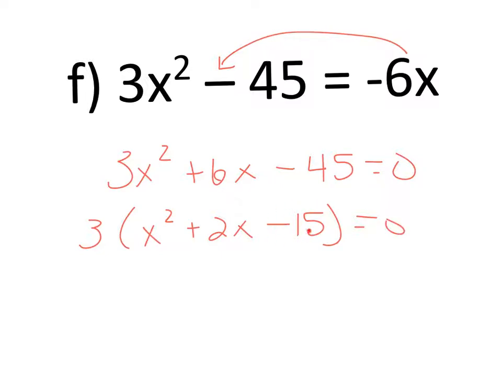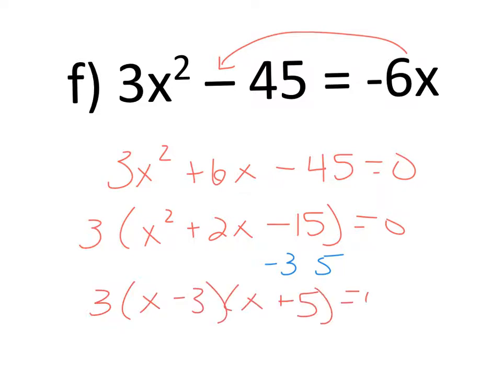So now I'm looking for factors of negative 15 that add up to 2, okay? And I'm thinking 3 and 5, let's see, positive, so I'm going to need a negative 3 and a positive 5. So now when I multiply them, right, I get that negative 15, but when I add, I get to that 2.